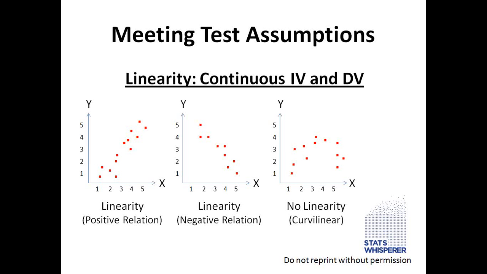As x gets higher, y gets lower. That's a curvilinear relationship, and that's no good for linear regression, because linear regression assumes that there's a linear relationship.